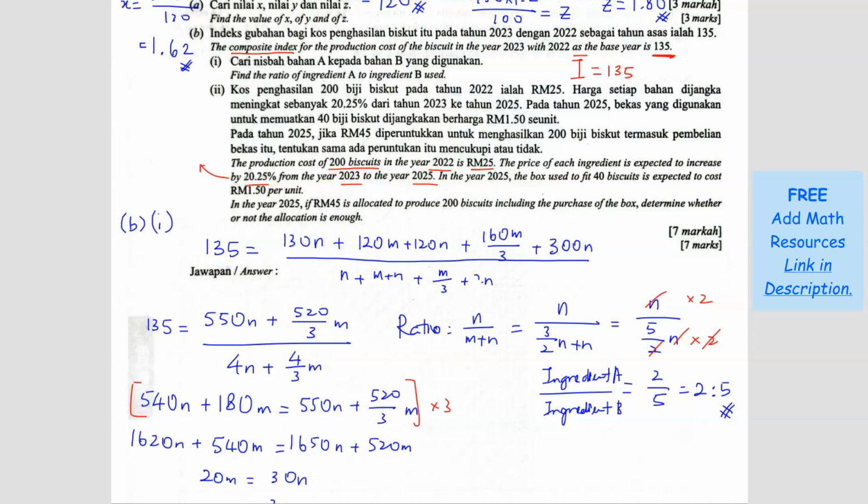This is the price index. They are saying each ingredient is increasing 20.25%, so the price index is going to be 120.25.